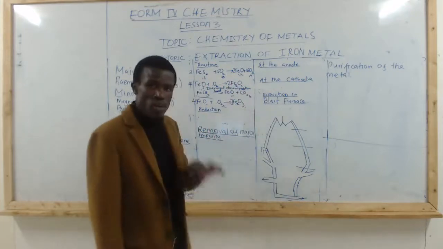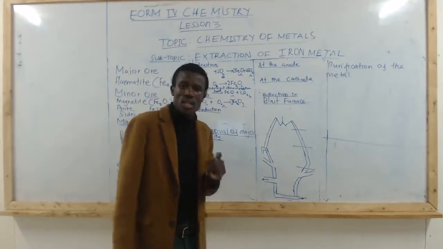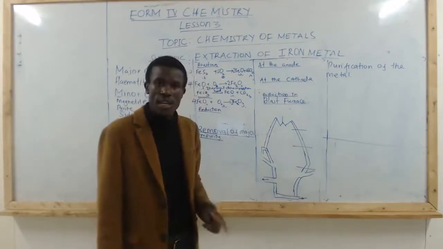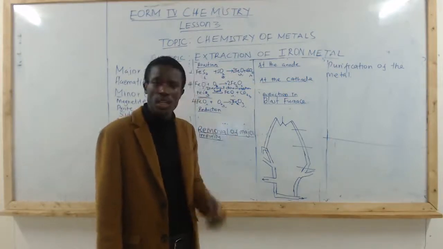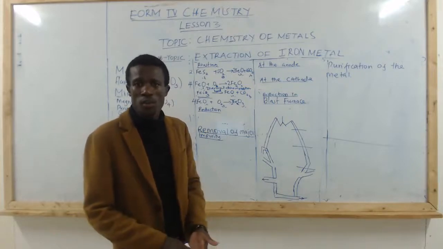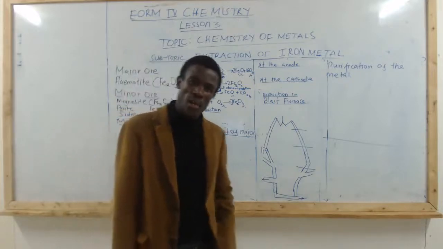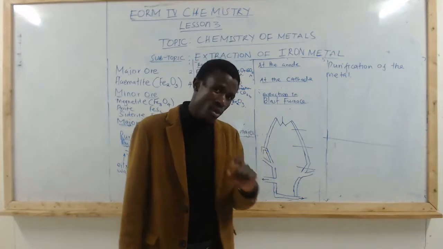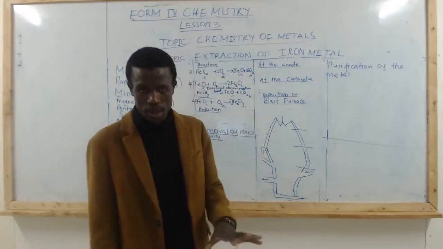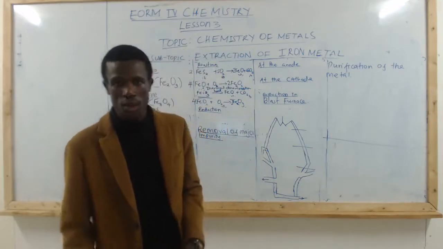That is decomposing iron 2 carbonate to form iron 2 oxide and carbon 4 oxide. Now iron 2 oxide being unstable is reoxidized to form iron 3 oxide, which is now stable, that can be used for the reduction process to obtain iron from its ore.